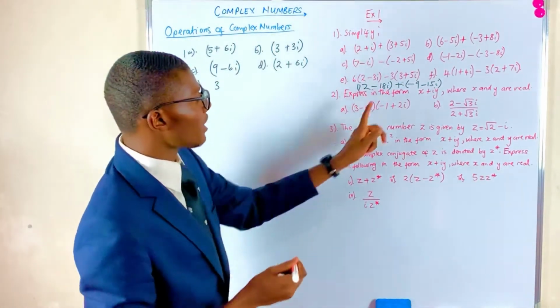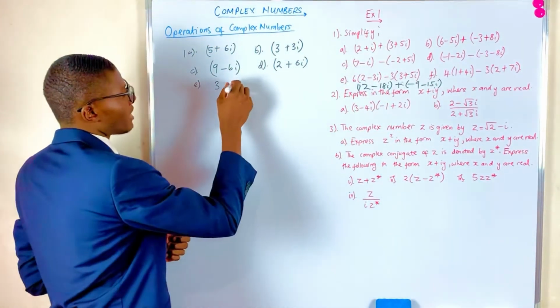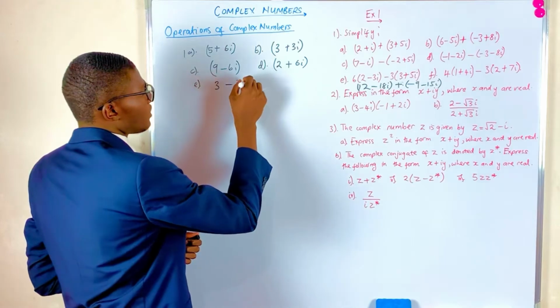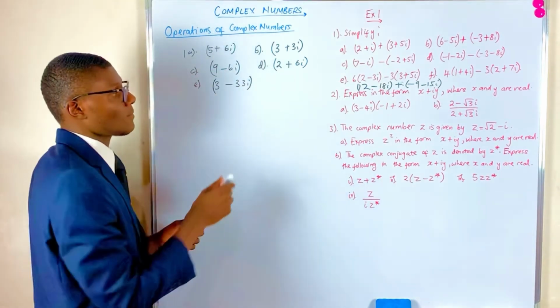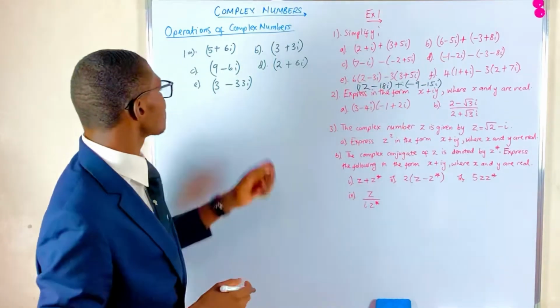And then we've got minus 18i minus 15i, which will give us minus 33i. Like this. So I suppose that should do it. Yes, this should be for part e.